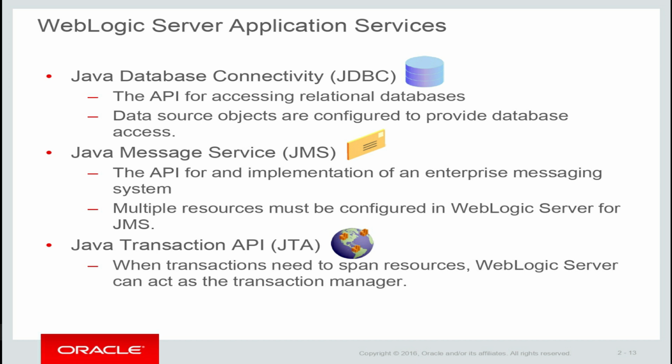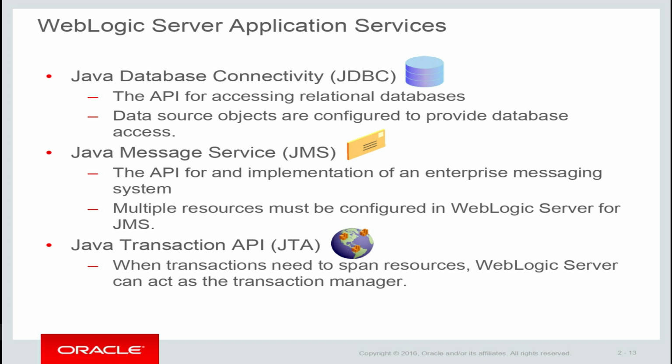Java Messaging Service. This is not for the administrators. It is a messaging or queuing service, which is pretty much essential for Java web applications, and these APIs and implementations are available in WebLogic.